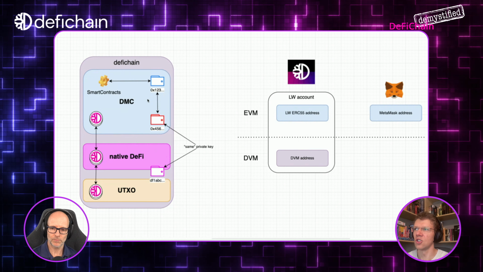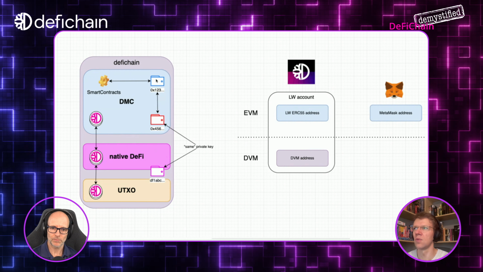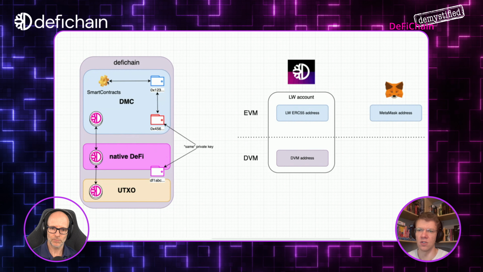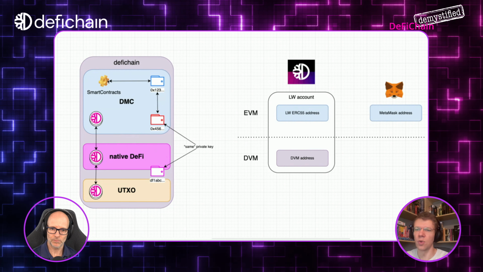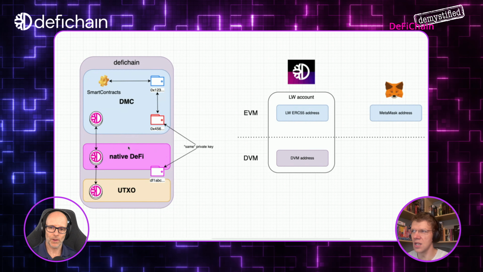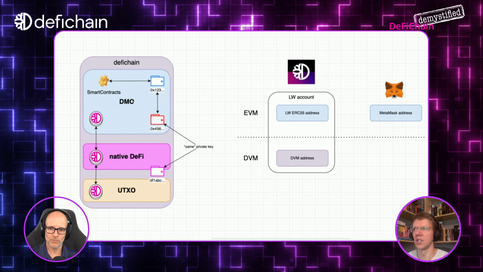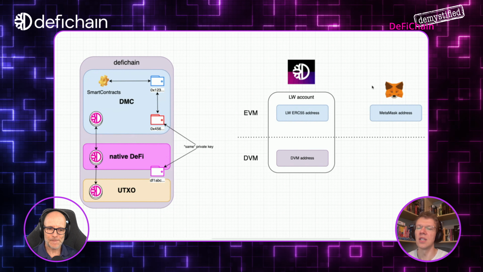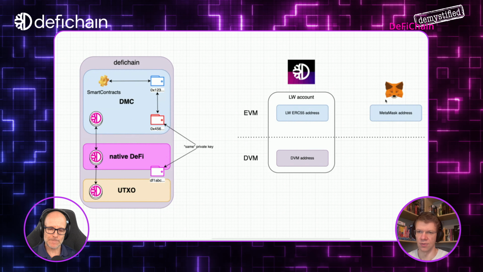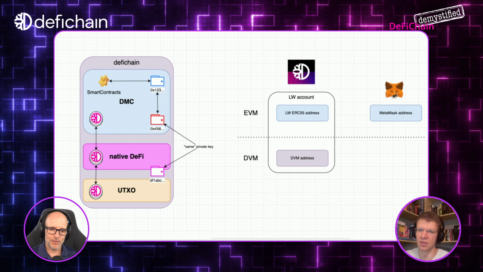But all the actions up here, the EVM transactions from one EVM address to another, or interacting with smart contracts, are not possible in the LightWallet yet. So the LightWallet knows everything down here, including the transfer across the boundary, but not the world up here. For the world up here, you need an EVM tool like MetaMask or something. It's not only MetaMask, but I always use MetaMask as a reference because everybody knows that.